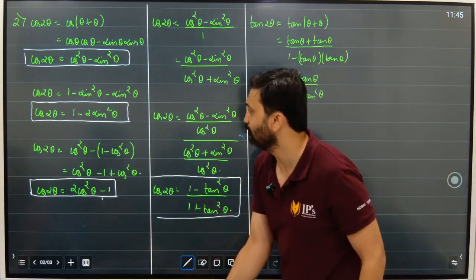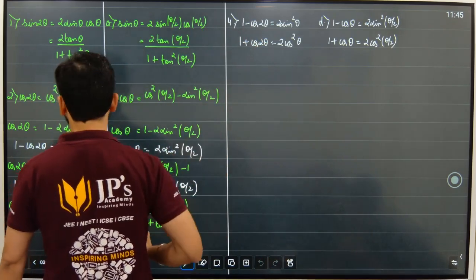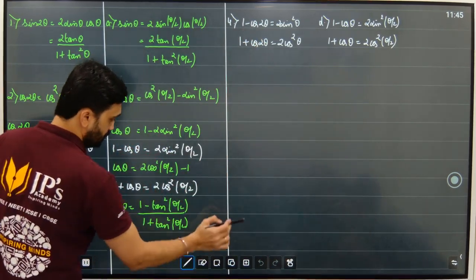So we'll write this set of formulas. Here I'll write. Okay, fourth is done, but the third one we had not written. I'll just write it here.